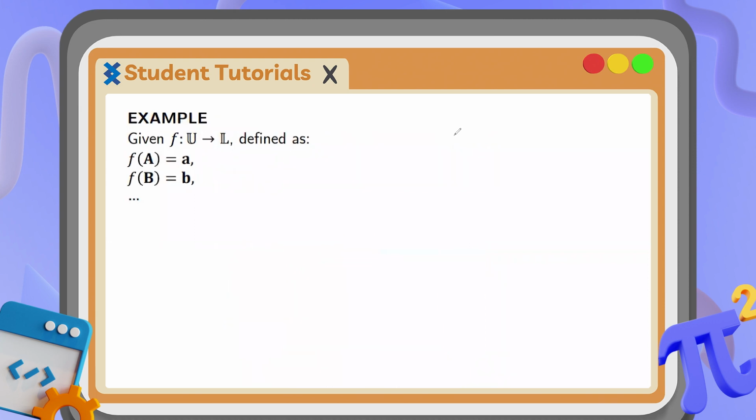So an example of an inverse function would be something like this. You are given a function f which maps from the set of, let's say that this is the set of all uppercase letters, and let's say L is the set of lowercase letters.